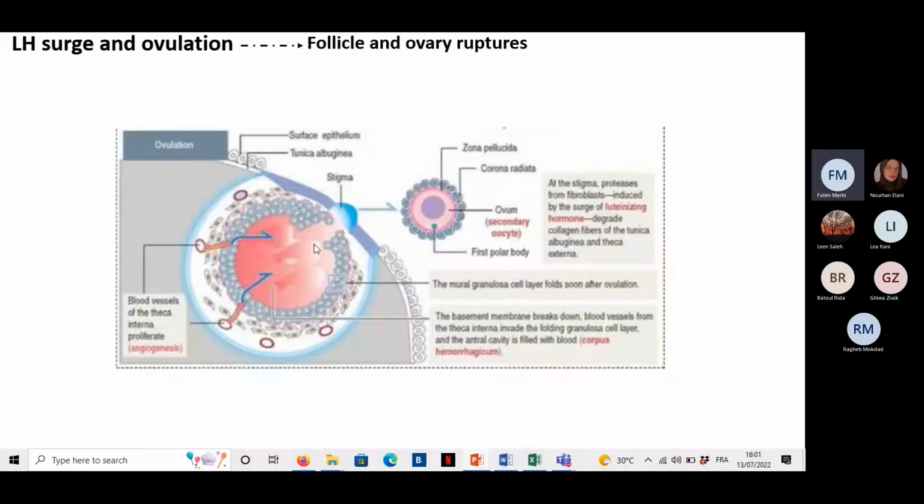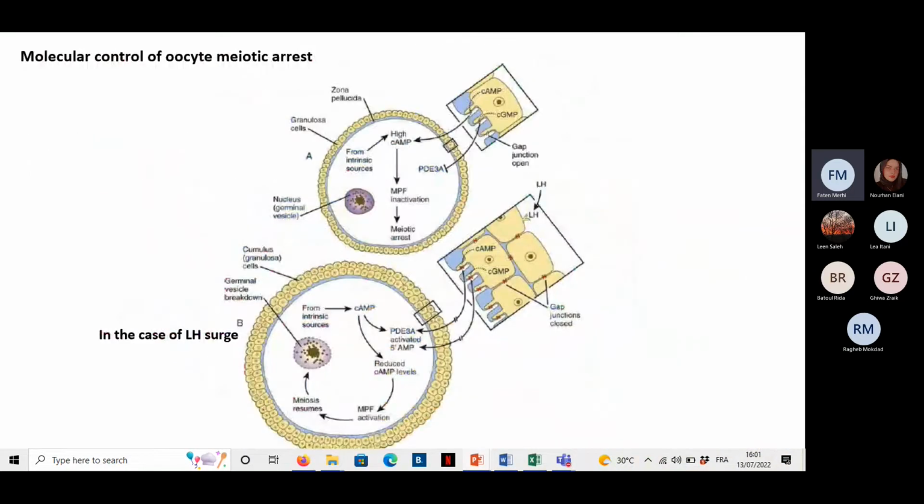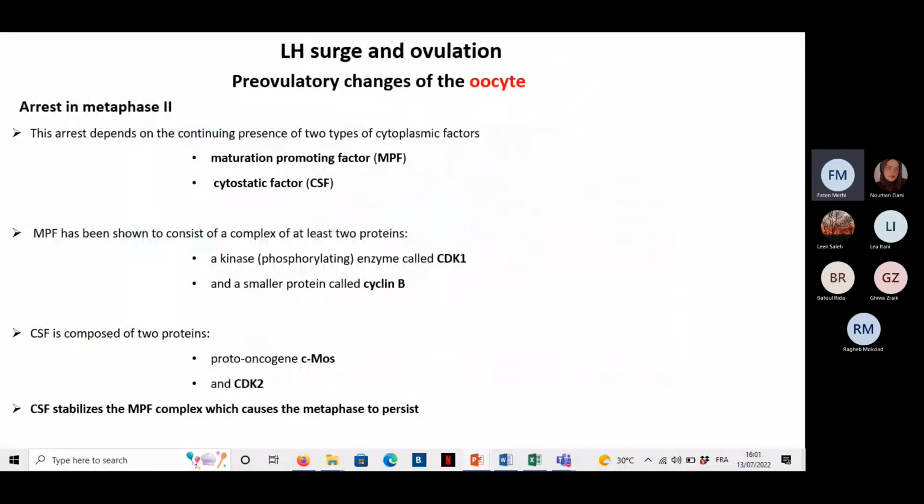When we have the ovulation process, the oocyte will be ovulated arrested at the metaphase 2, and it will remain arrested at the metaphase 2 until the fertilization. If the fertilization occurs, this meiosis 2 will resume. If there is no fertilization, the meiosis 2 will never be achieved.